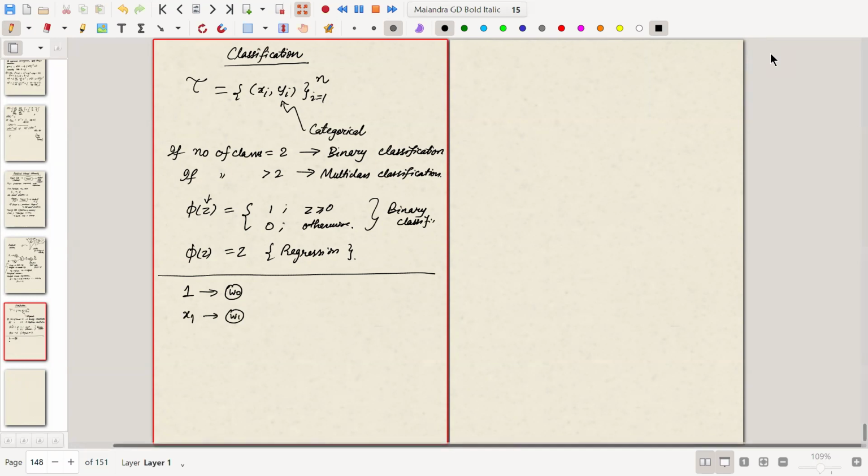You will have W1, so on, till XM, and you have WM, okay? All of these are coming together to sigma, all right? Then you have Z, applying the function phi, which is the activation function, and you're getting y hat, which is your output, okay?